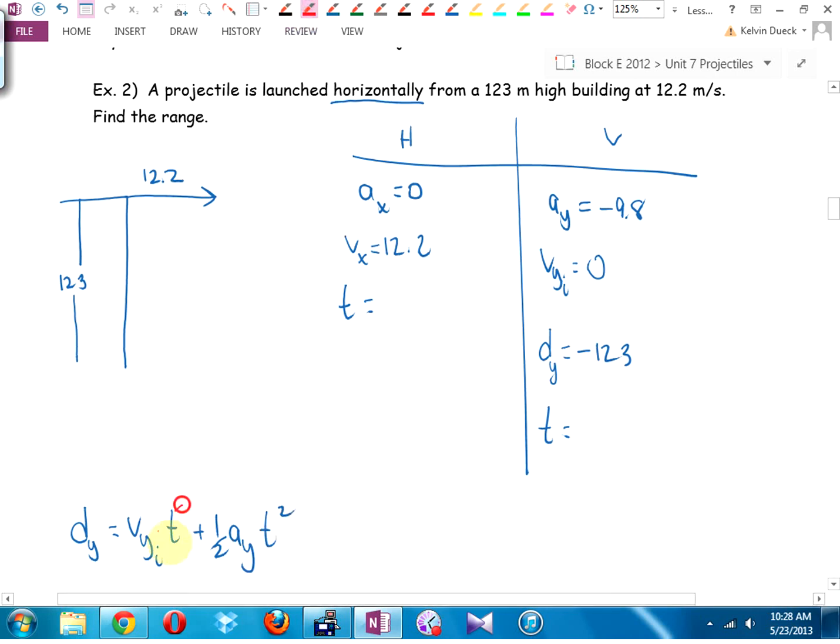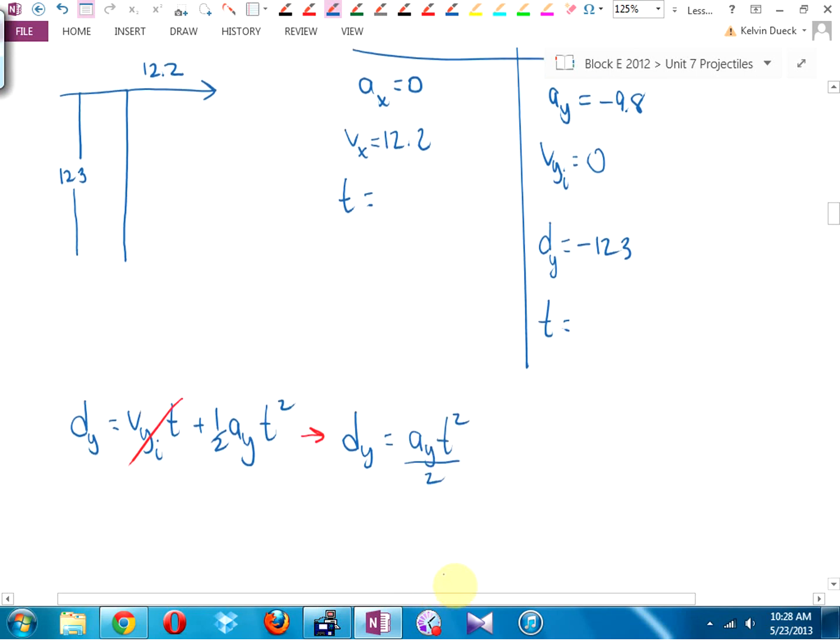I think once again, we get the vertical displacement is going to be AY t squared over 2. If we get the t by itself, this seems very familiar. It's going to be the square root of 2 times the vertical displacement divided by the vertical acceleration.